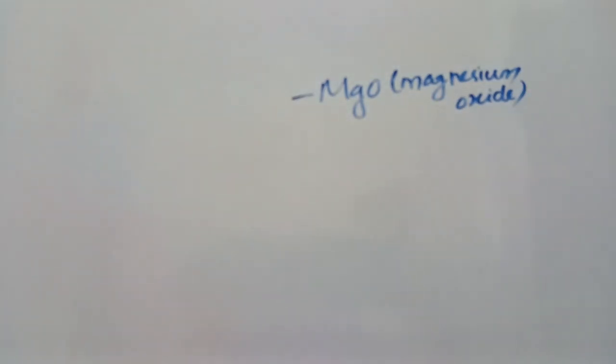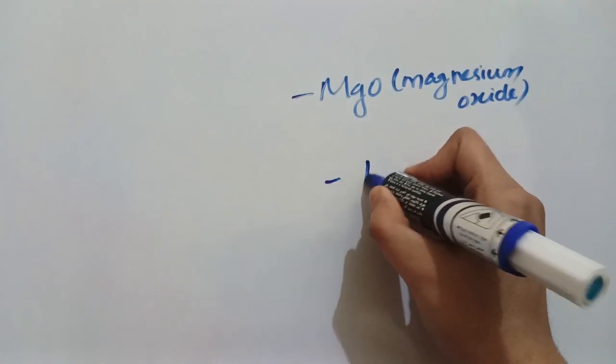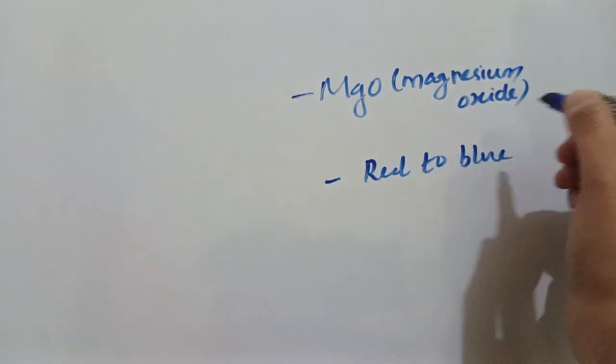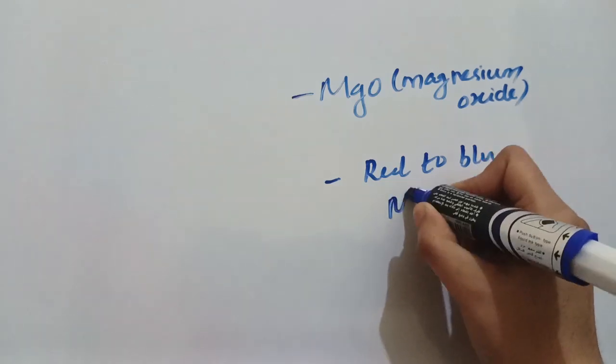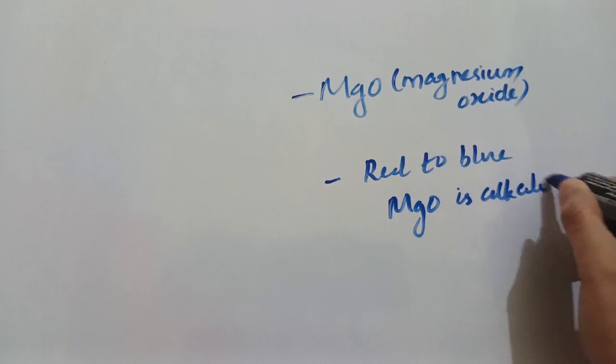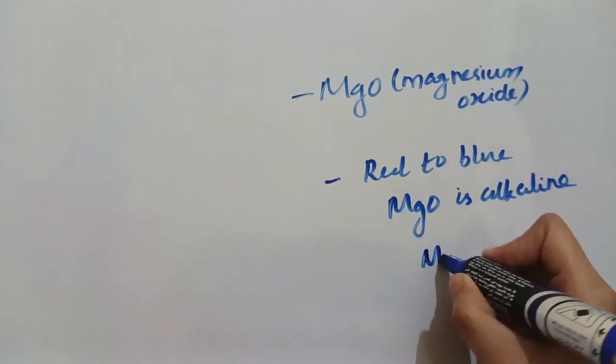Then if we take this magnesium oxide and add 2 or 3 drops of water, then its nature using litmus paper is that it turns red litmus to blue. Therefore, we can say MgO is alkaline.